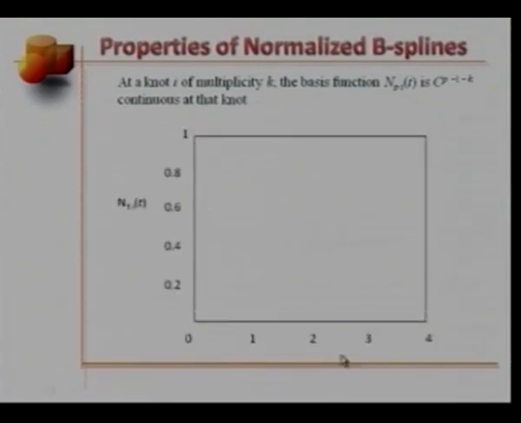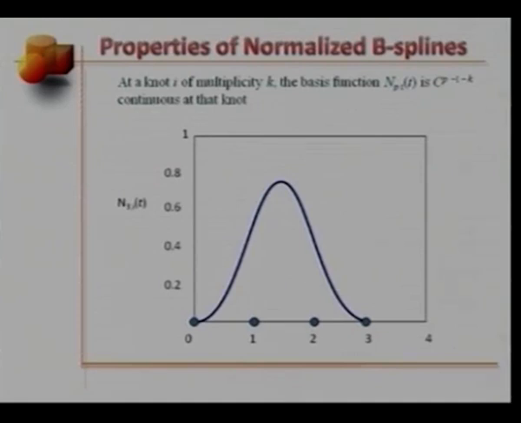Here is an example of a quadratic basis function with Ti as the last knot. Here i is equal to 3. Now if you notice, we have 4 simple knots, in a sense, 3 knot spans. And this is how N_{3,3}(t) looks like.